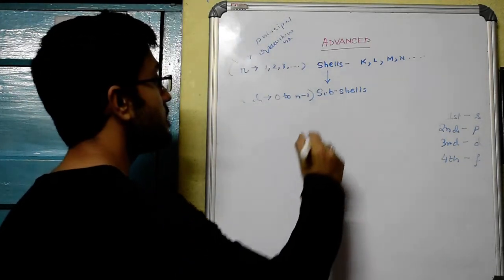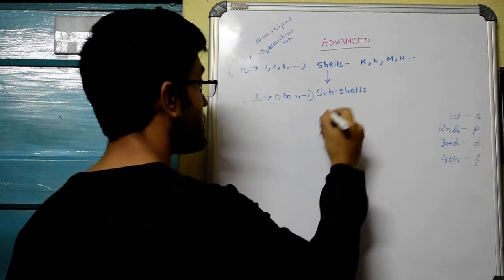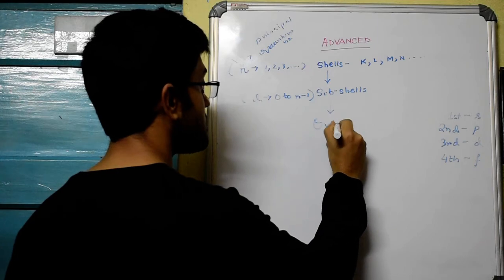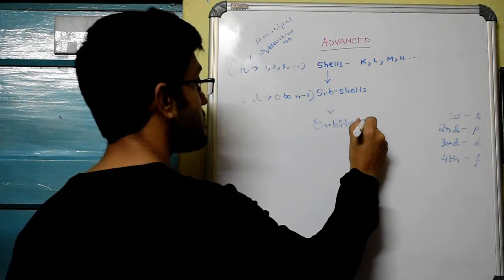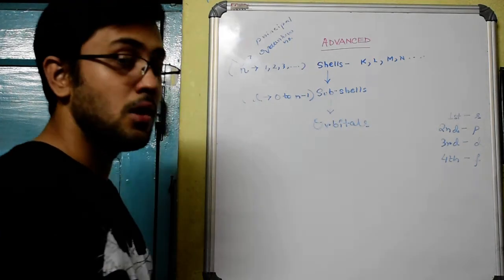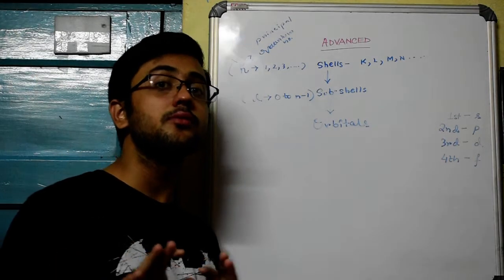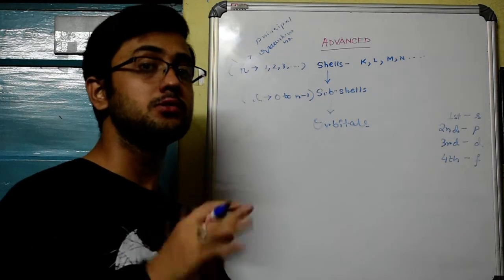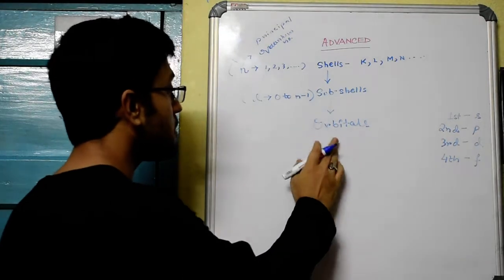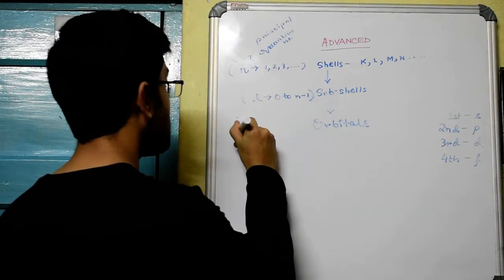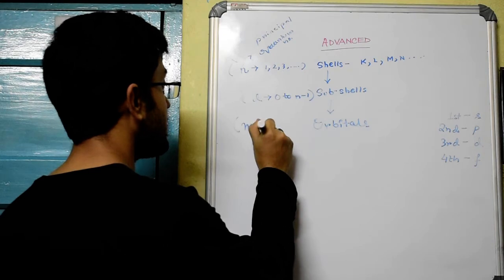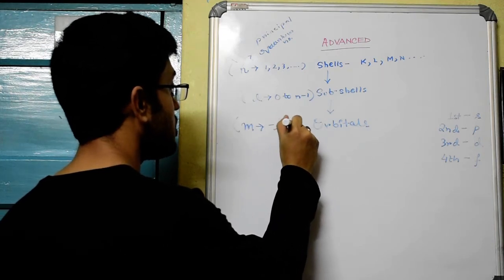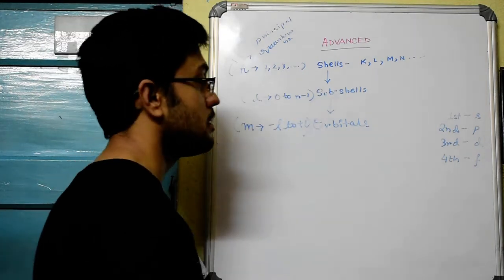The subshells here can be further classified into something known as orbitals. Orbitals are very different from orbits. These two are different things, okay? Now orbitals are denoted by the letter m, and it takes values from minus l to plus l.